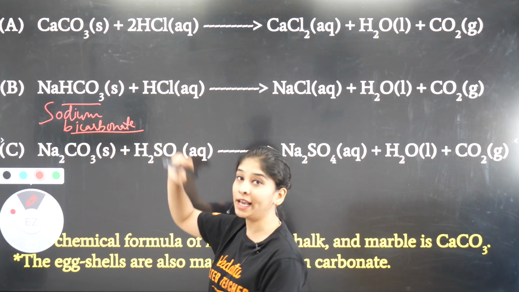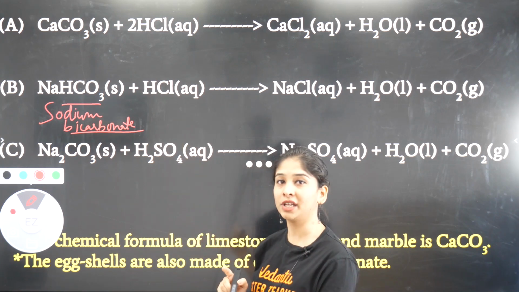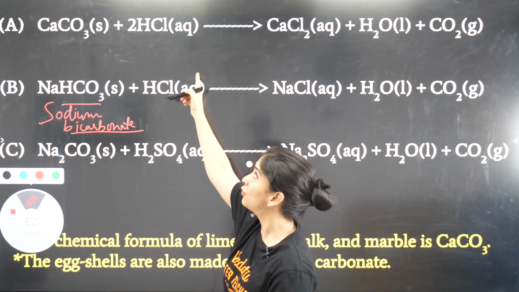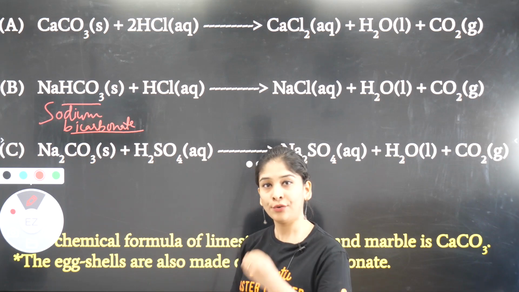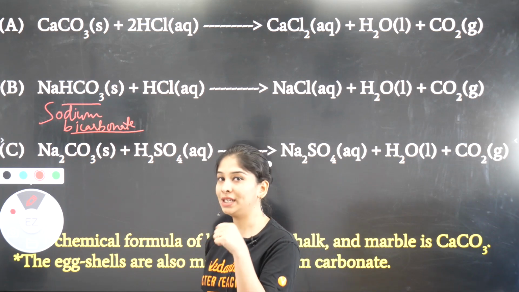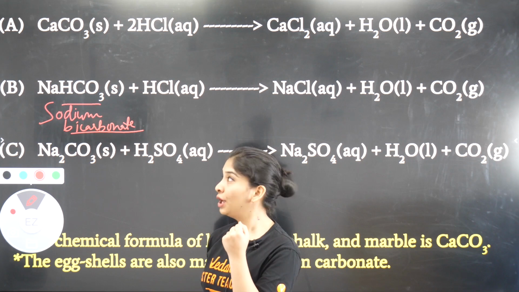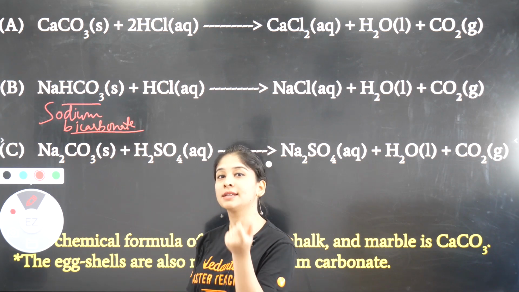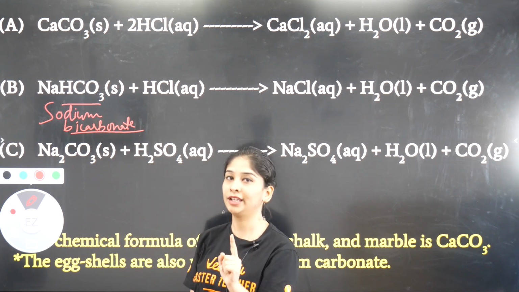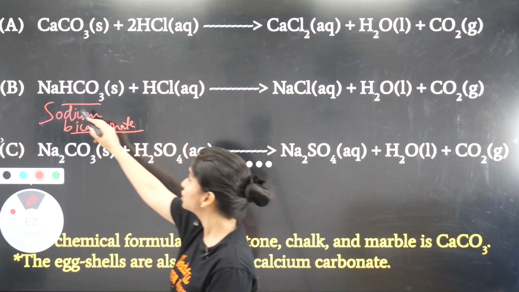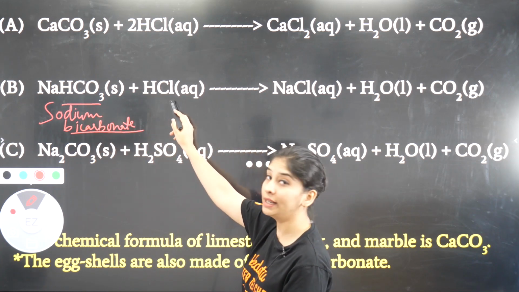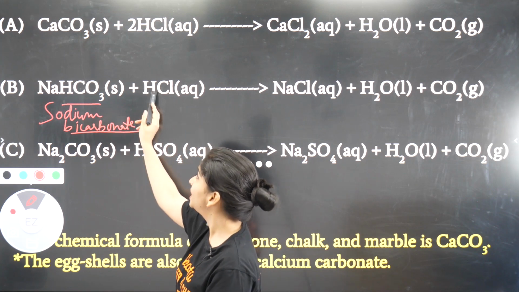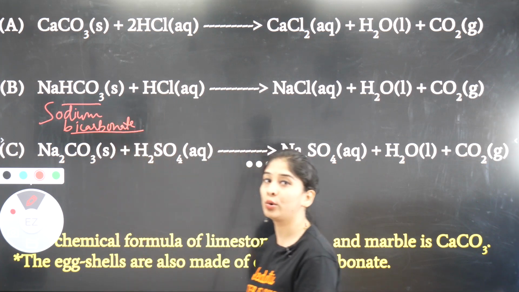Here you can perform the reaction with one molecule of HCl. With carbonate you have to take 2 molecules of HCl. With bicarbonate you can perform the same reaction with 1 molecule of HCl. So sodium with chlorine, sodium chloride, then H2O and CO2 gas.